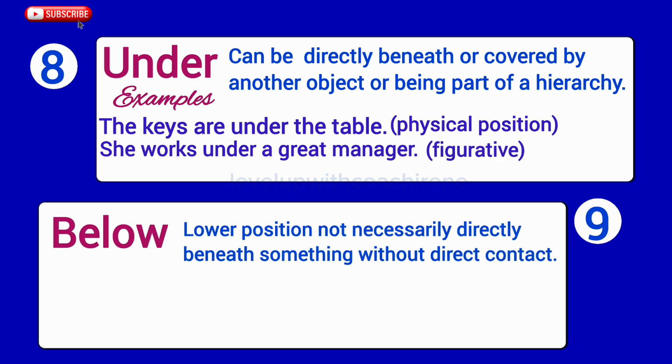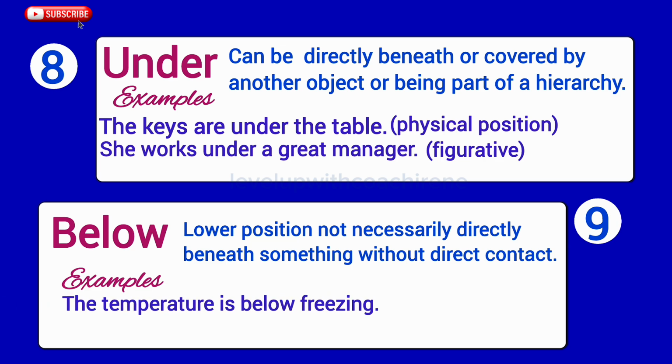Below refers to a lower position, but not necessarily directly beneath something and usually without implying the direct contact. It can also refer to levels, ranks, or temperatures. For example, the temperature is below freezing. This implies that it is lower than freezing, but not implying a direct connection.